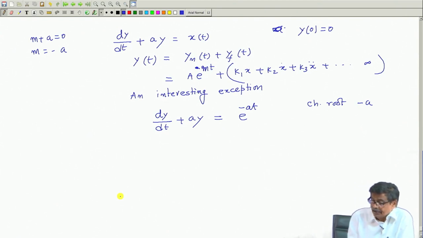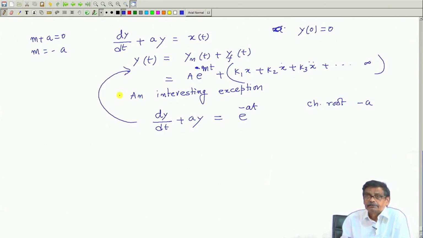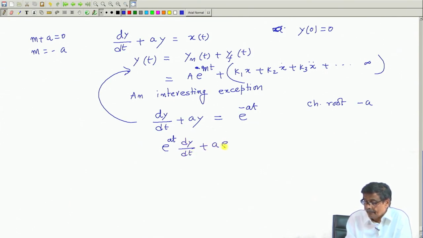Why? I am telling you, because all these equations were found out from fundamental things. What was that fundamental thing? You multiply with the integrating factor on both the sides. Is it not?